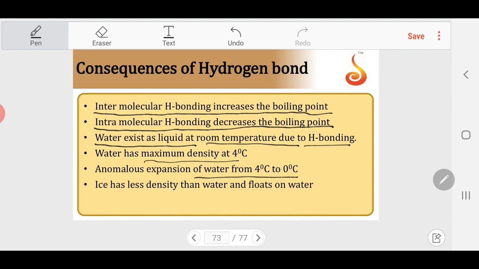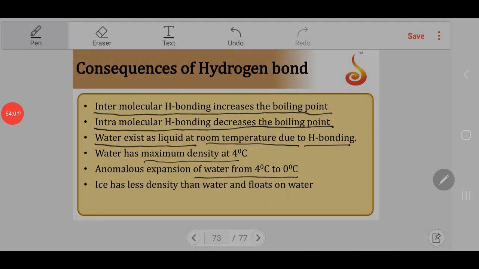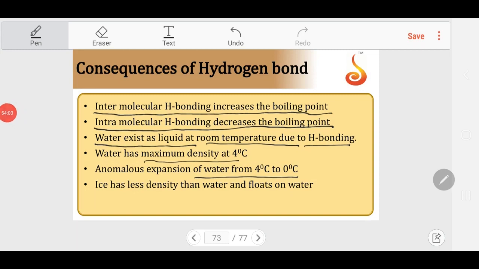So water molecules go away from each other and set themselves at particular places where the ice structure is obtained. So from 4 degrees to 0 degrees, there is expansion instead of contraction. And ice has less density than water, so it will float on water.